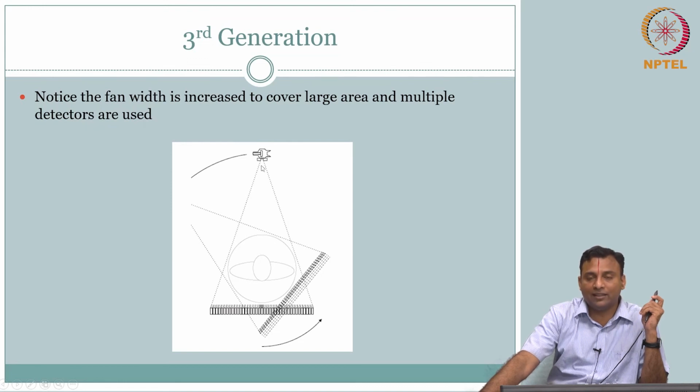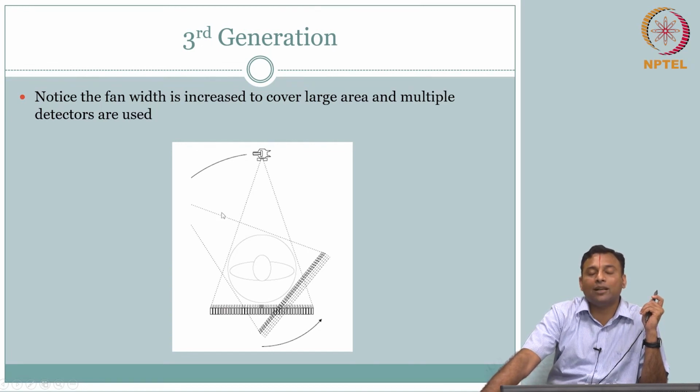So I avoid the translation, and I can look at the increase in complexity and cost, because now you have so many small detectors placed next to each other to cover the whole line. But the advantage is, I could get multiple lines recorded at the same time.